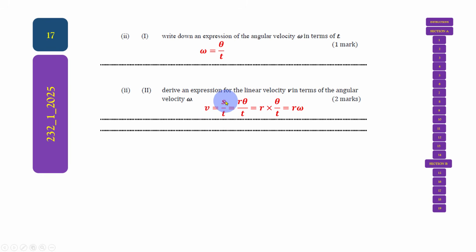But we know from the definition of theta that theta is the ratio of the arc length to the radius, and when you make linear displacement the subject, you get s is r theta. Of course, this is over t. When you separate these variables, you get r times theta over t, but theta over t is omega from this part, so v becomes equal to r omega.